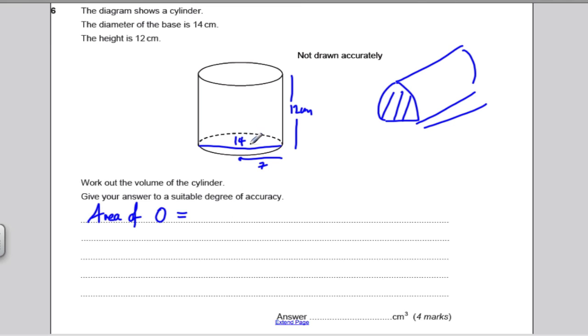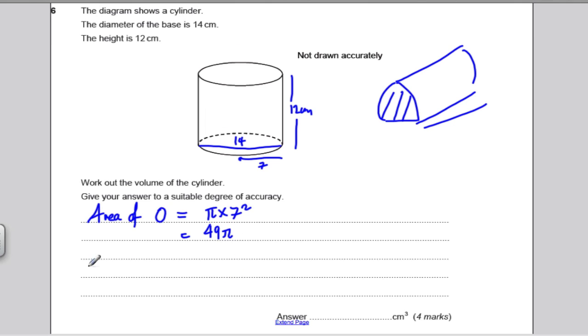The area of a circle is pi r squared. So pi times r squared. R is 7, so pi times 7 squared. I'm just going to leave that as 49 pi for now, and at the end I will tidy things up and make them accurate.